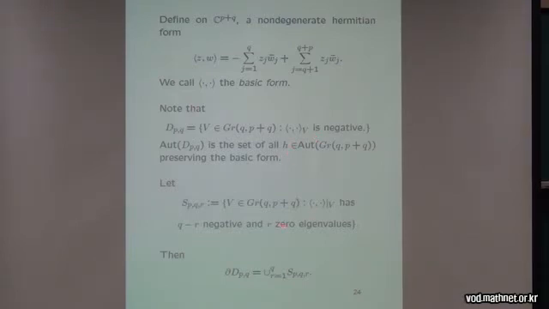And the boundary is nothing but where this inner product has q minus r negative and r zero eigenvalues. So from r equals 1 to q is the boundary of this bounded symmetric domain.